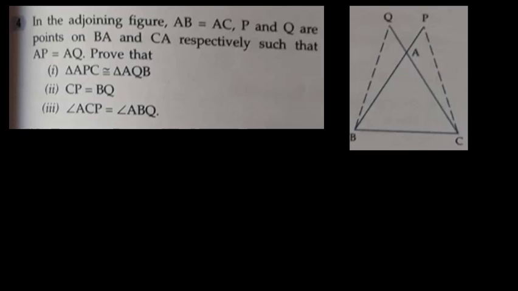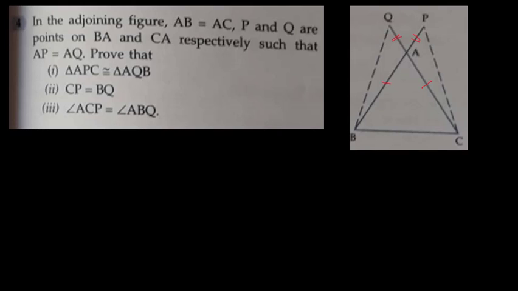Now let us see the fourth question. In the adjoining figure, you are given AB equal to AC. Just mark it. AB and AC are equal. P and Q are points on BA extended and CA extended, such that AP is equal to AQ.